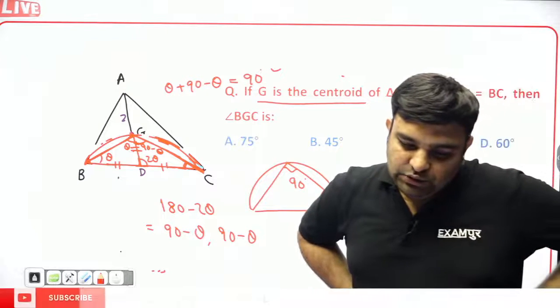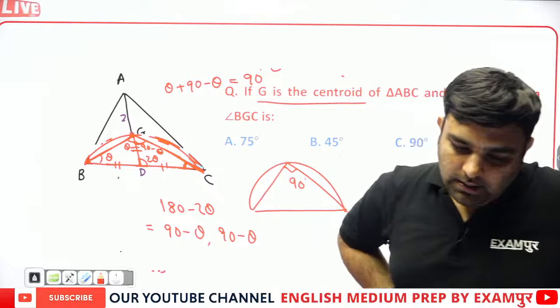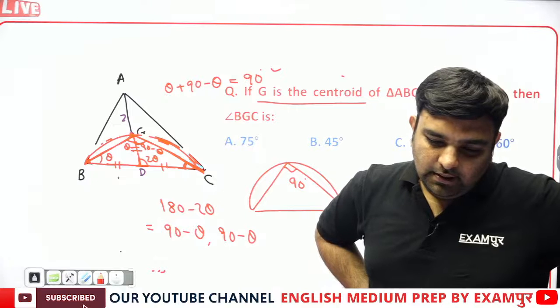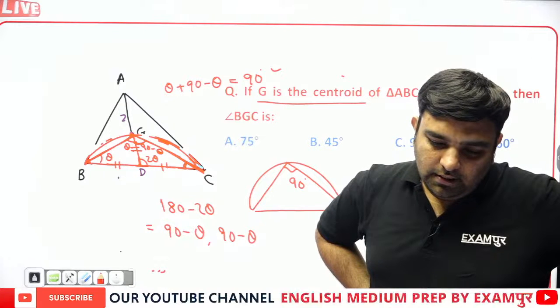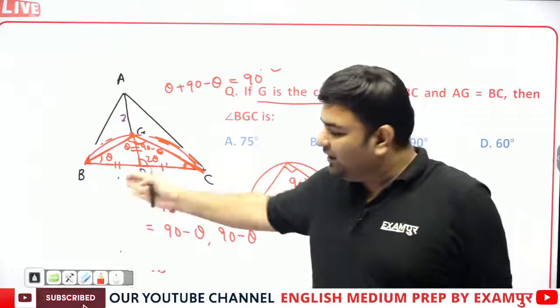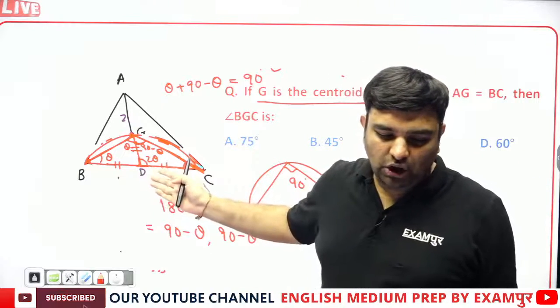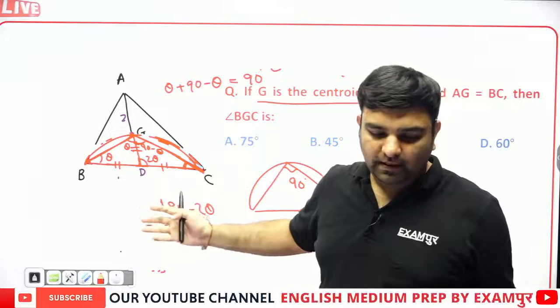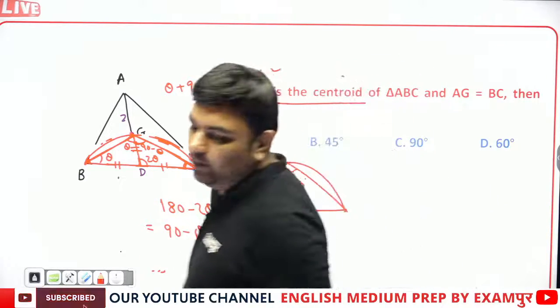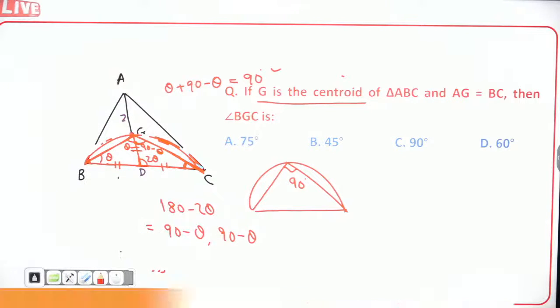BD plus DC is 2, so BG is 2, GC. AD is the median. You should be dividing into 2 equal parts, 1 and 1, for sure in the very first moment. Let's move on.